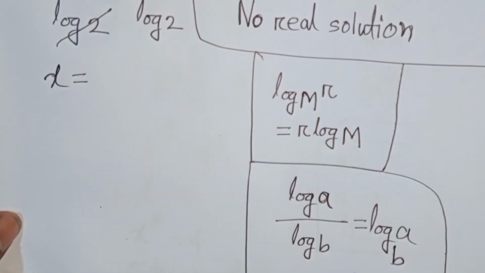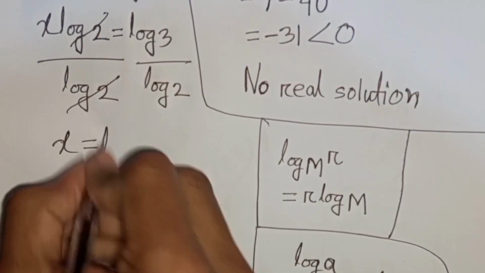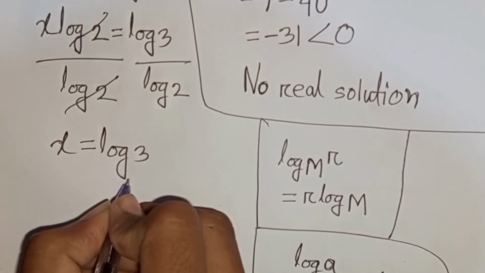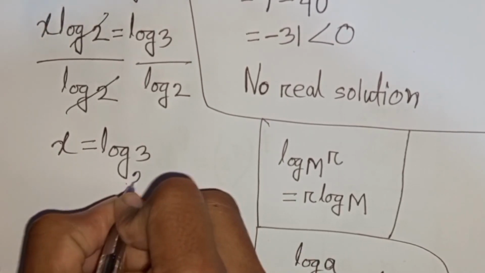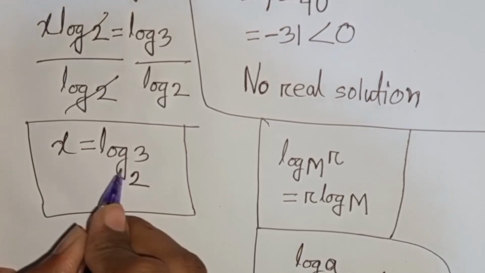So according to this formula, this divided by this, that means it will be log 3 base 2. So this is the value of x.